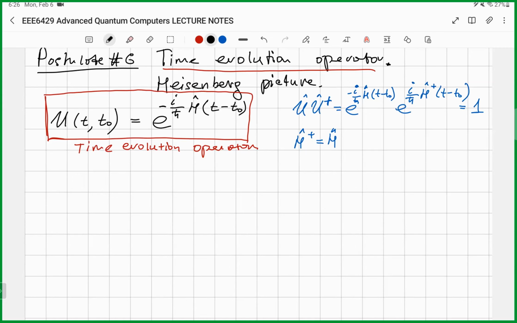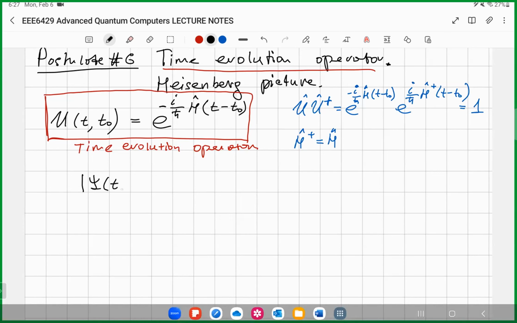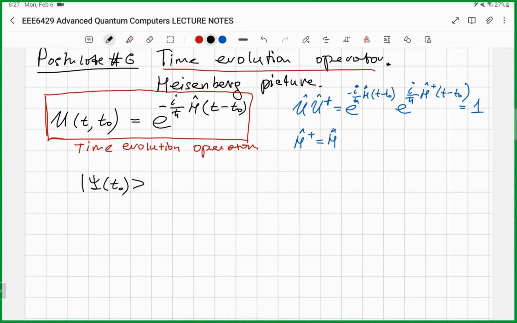All right. So this operator, this is the unitary operator, and how it works. Basically, it works the following way. Suppose you have a state of your system at a time moment t sub 0. It can be the initial moment of time. You, for example, prepared your system in the initial moment of time, and then you are interested in the evolution of your system.